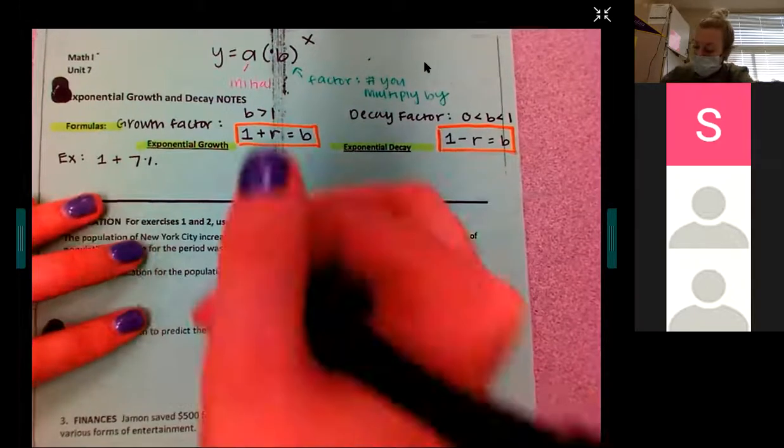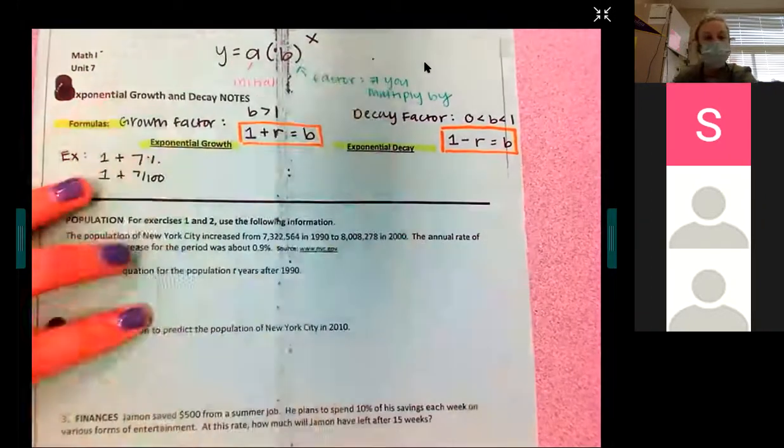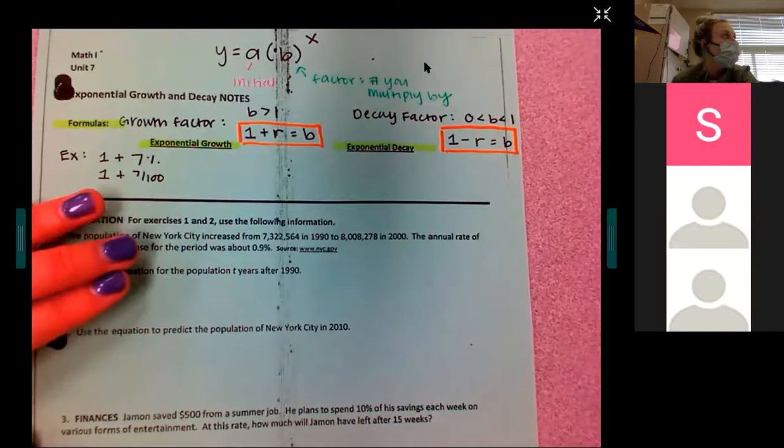No, baby, no. A percent is not a number. It is a rate, aka a ratio. Do y'all remember what the total number of percents can be? 100. So when you do 1 plus 7%, you're really saying 1 plus 7 over 100.